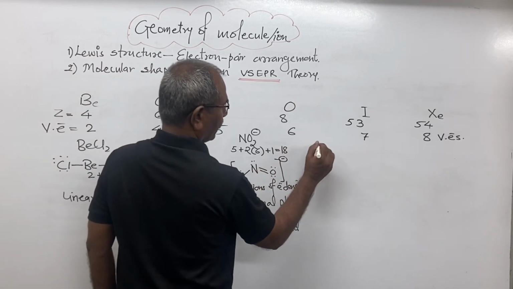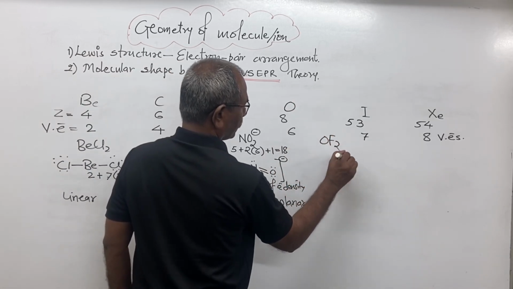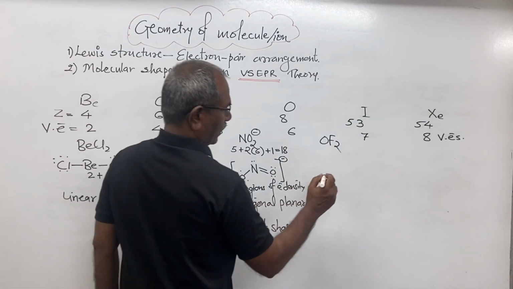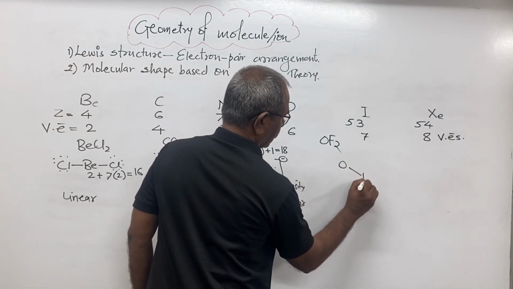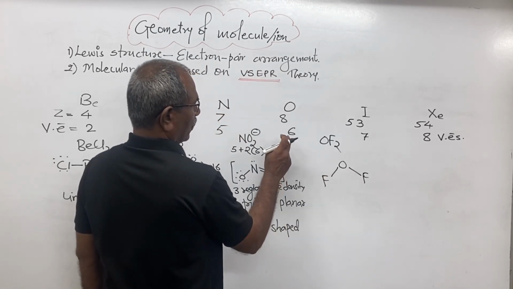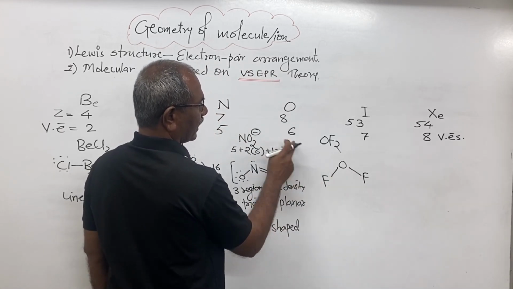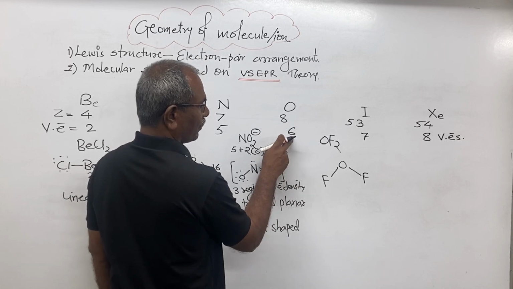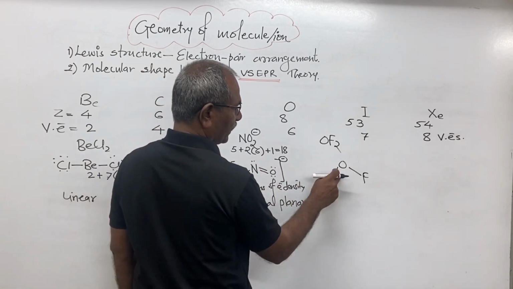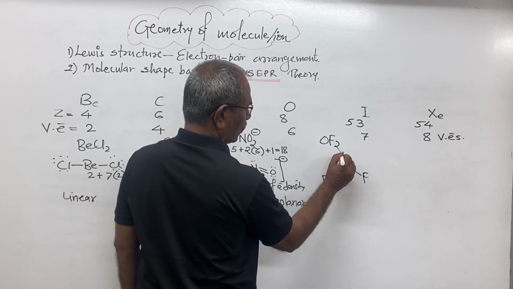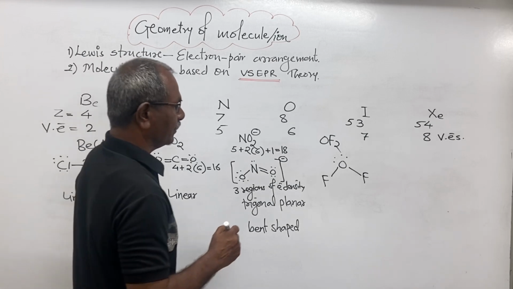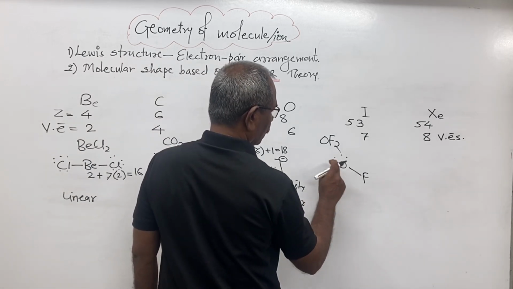Now oxygen, you take the example OF2, oxygen difluoride. Oxygen is the central atom in this molecule. It has 6 valence electrons, but out of 6 valence electrons it uses only 2 electrons. So there are 2 lone pairs. So the total electron regions are 1, 2, 3, 4.